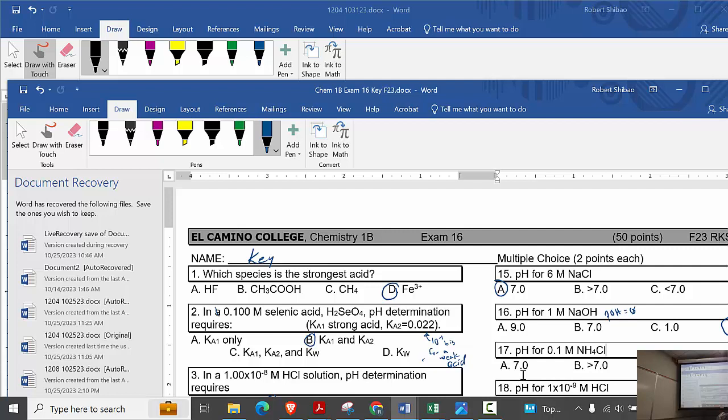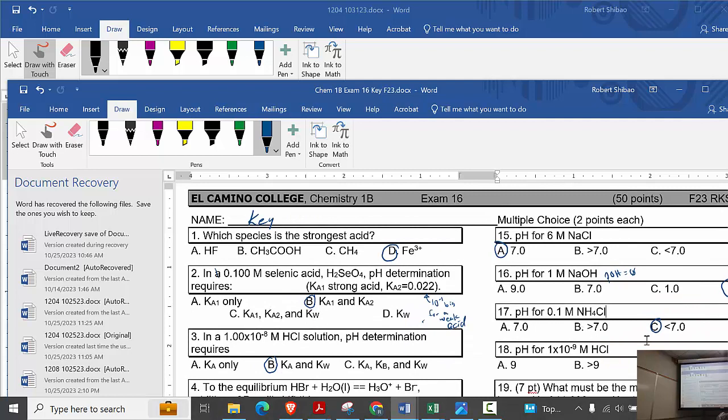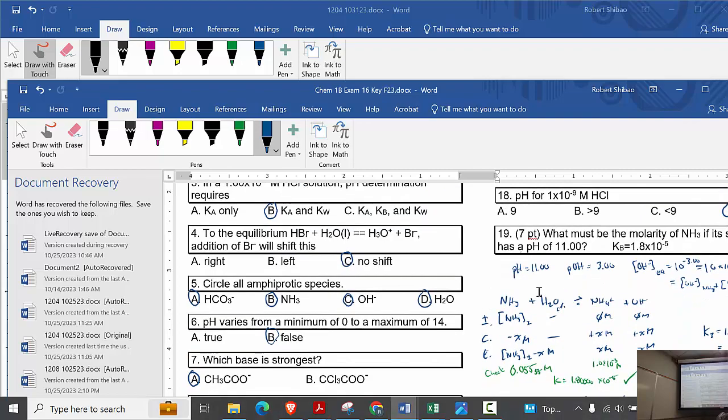Okay, I'll fix that. Were there others? Yeah, could you quickly explain 10 and 12? 10 and 12.